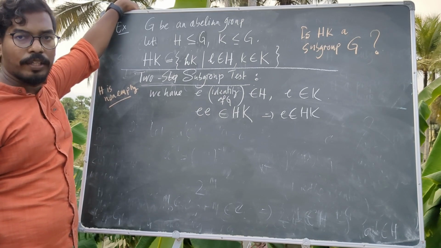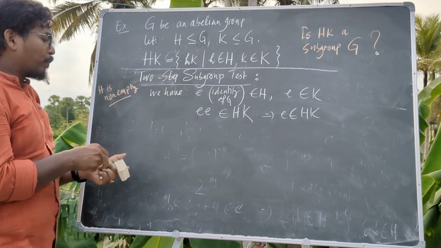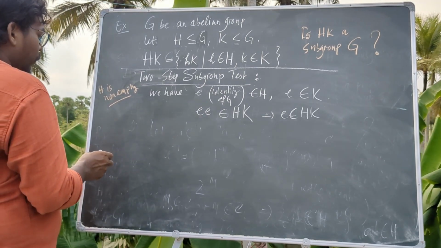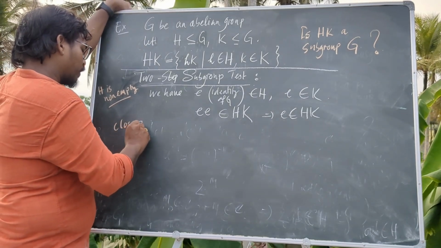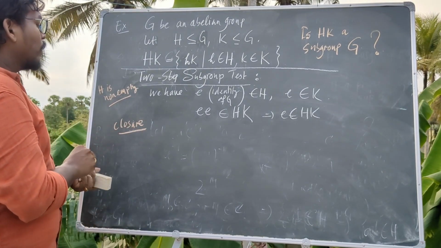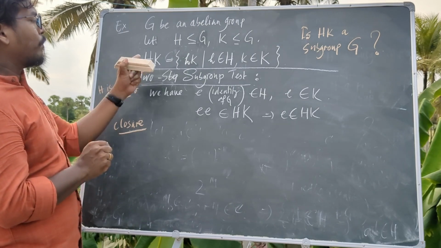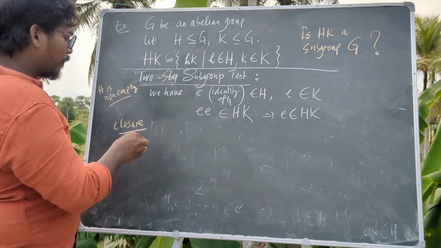Our subset is non-empty. Next we have to show two steps. First one is closure. For closure, let us take two elements of the set HK.